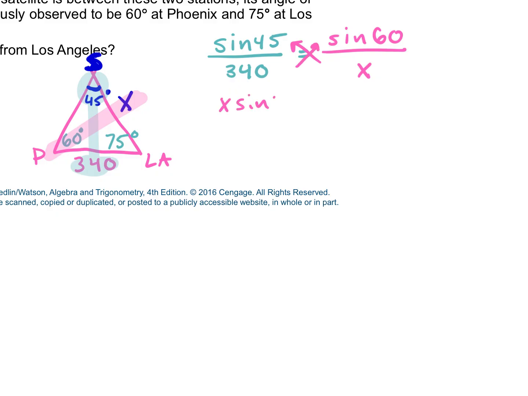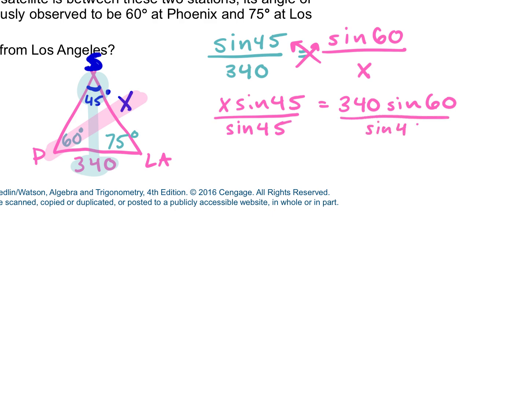Now when we solve for x, whenever you have a fraction equals a fraction, you can cross multiply. So we have x times sine of 45 equals 340 times sine of 60. To get x all by itself, what could I do to move the sine of 45 to the other side? Divide by sine of 45. So we get x equals, now we're going to put this into the calculator.